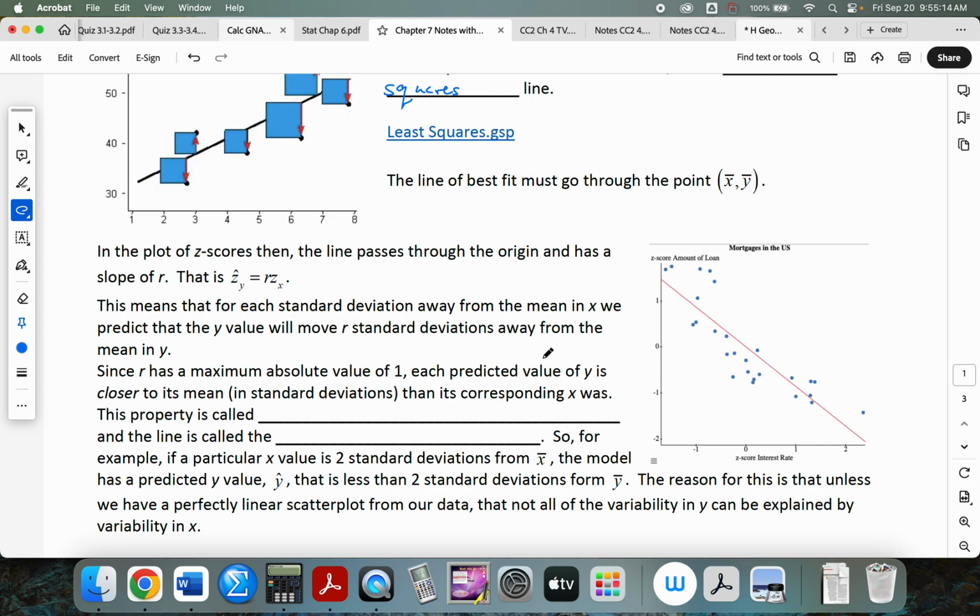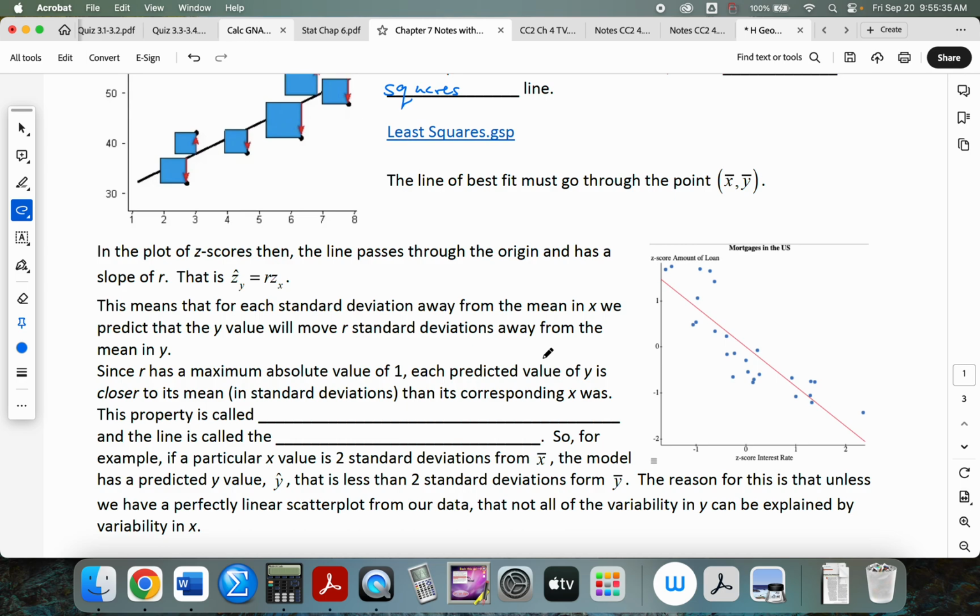So let me say that again so it kind of sinks in. If you're one standard deviation away from the average x, then our prediction is that the y hat will be r times 1.